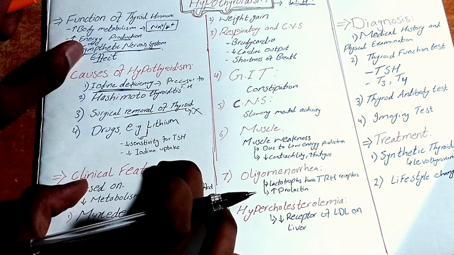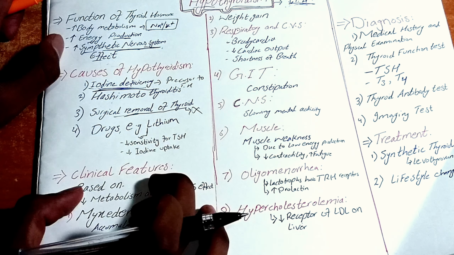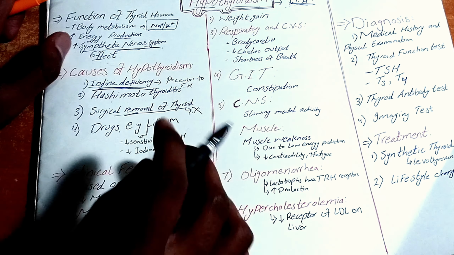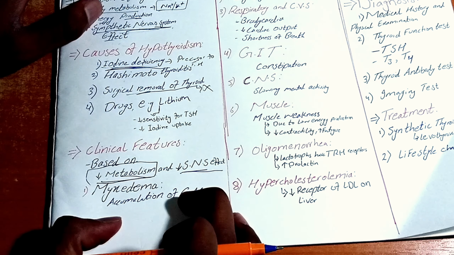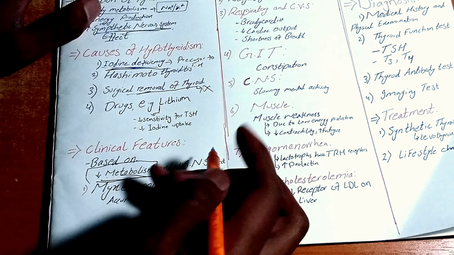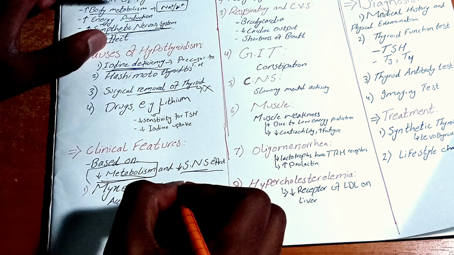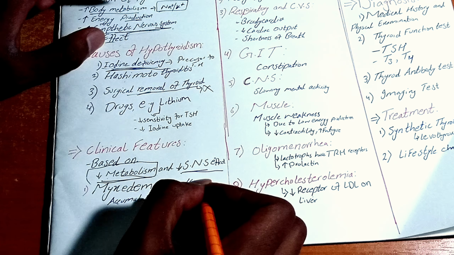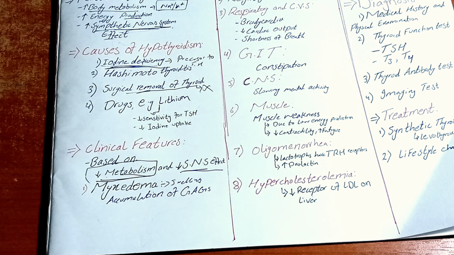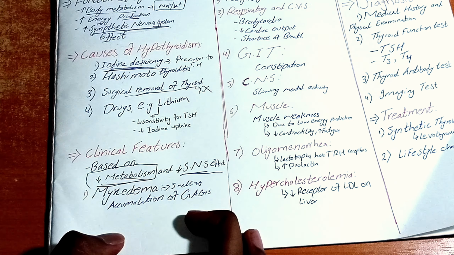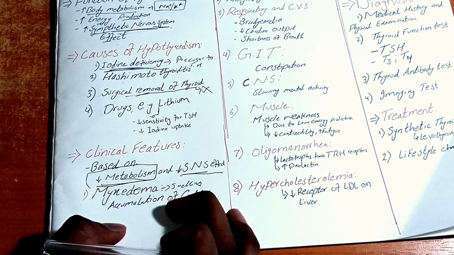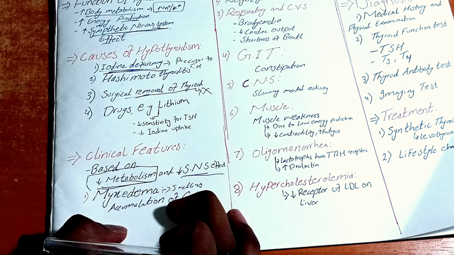Clinical features occur due to a decrease in thyroid hormone level or thyroid hormone function in the body. The first clinical feature we see in a patient is myxedema. Myxedema is an edematous swelling on the face, feet and hands. It occurs due to a combination of mucopolysaccharides. Thyroid hormone regulates the balance of mucopolysaccharides and other proteins in our body cells.